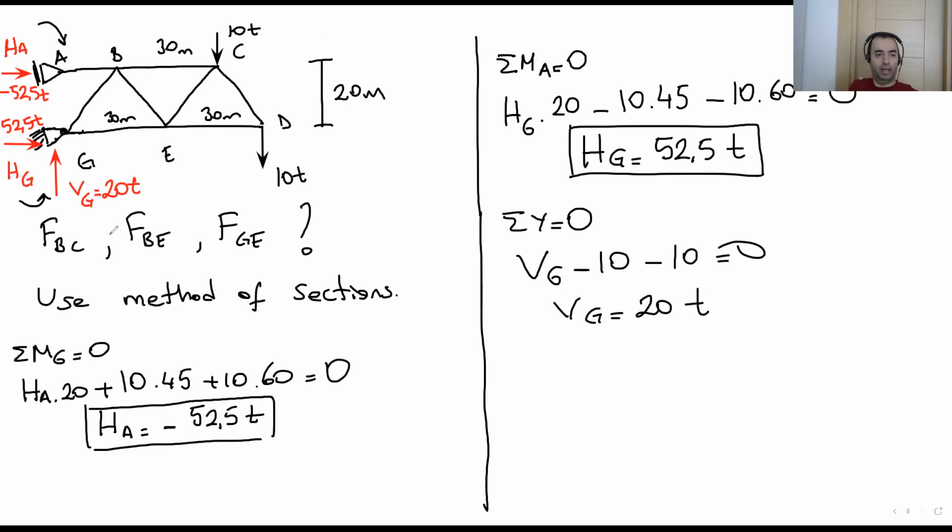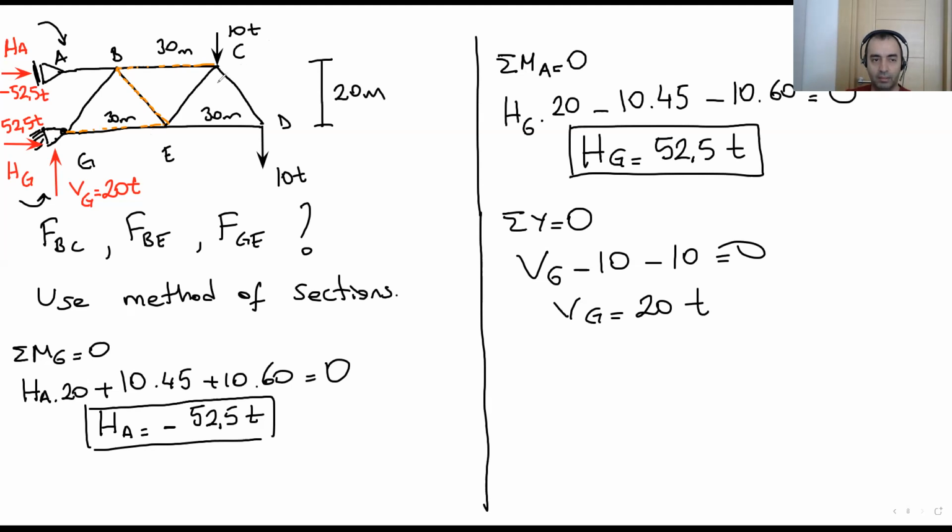Now we have all the support reactions at the moment. So we are looking for FBC, BE, GE. So the members are here, this one, and this one. What are we going to do?